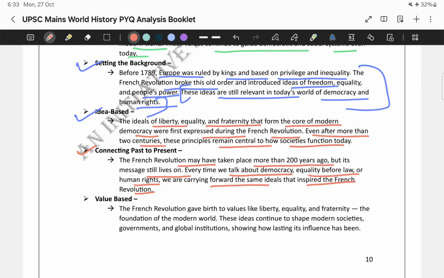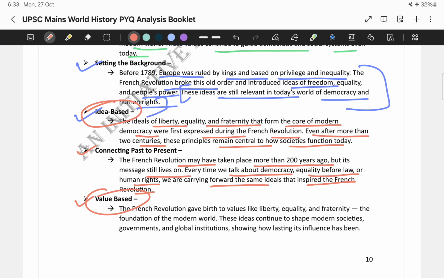And another way of introducing it is value based. Now this value based is almost similar to idea based, because in both the cases you are introducing your answer based on the values or ideals like liberty, equality and fraternity. So how can you introduce your answer for this type?